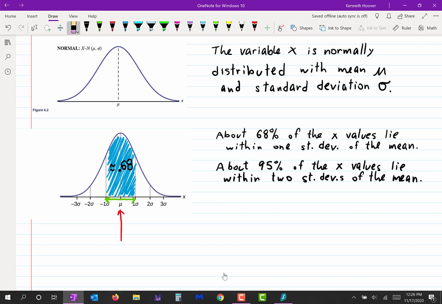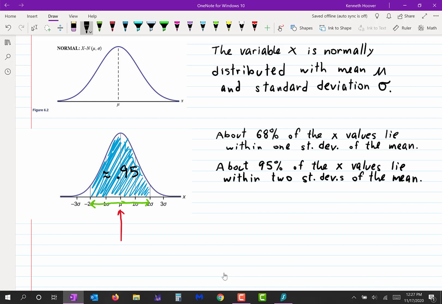Okay, so if we go now from the mean two standard deviations in each direction, then we know that about 95% of the scores lie in that region. So that area is about 0.95.